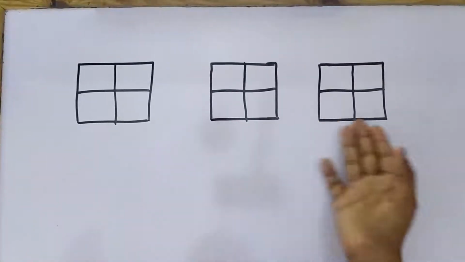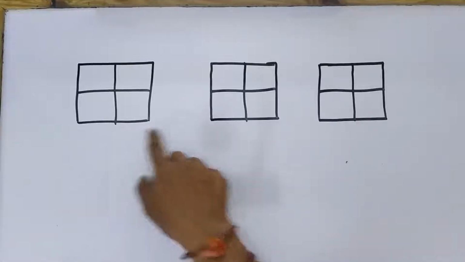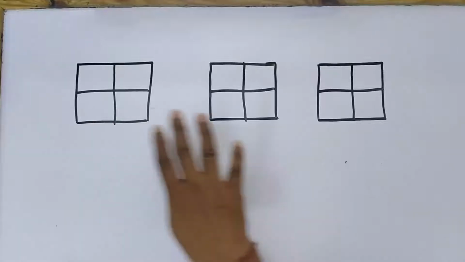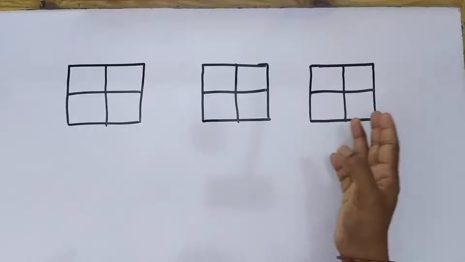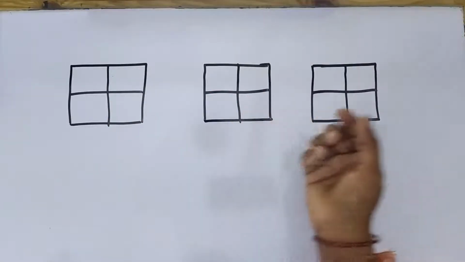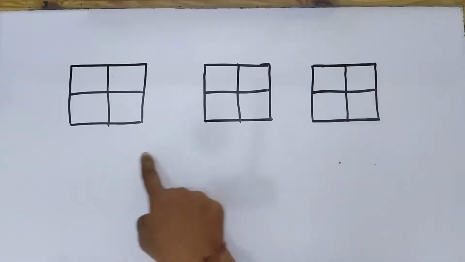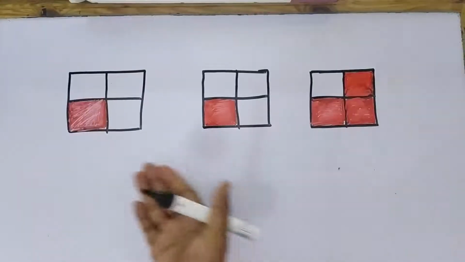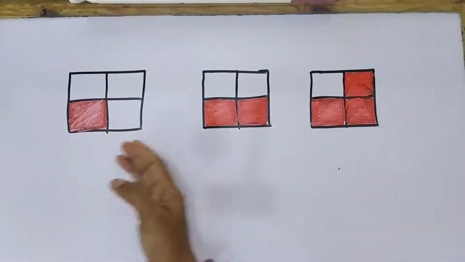So we can see here three shapes, three squares. Each square has been divided into four equal parts. If we shade one part, two parts, or three parts, the denominator remains the same.